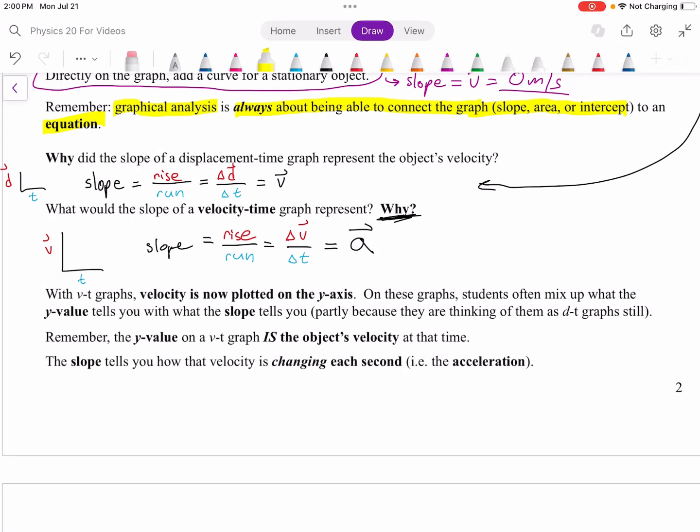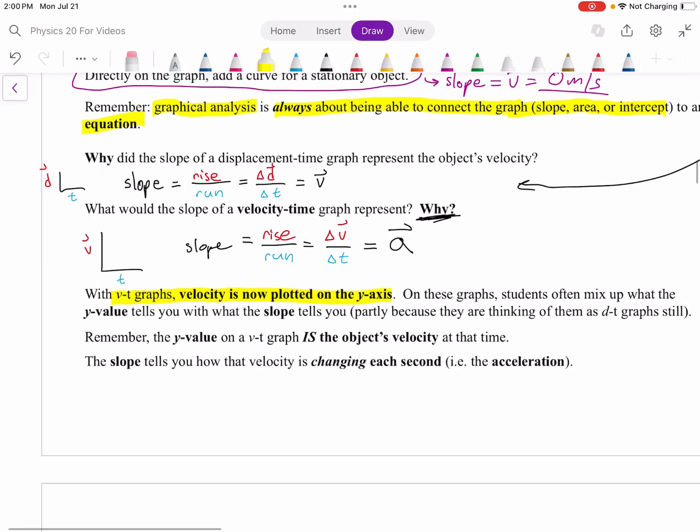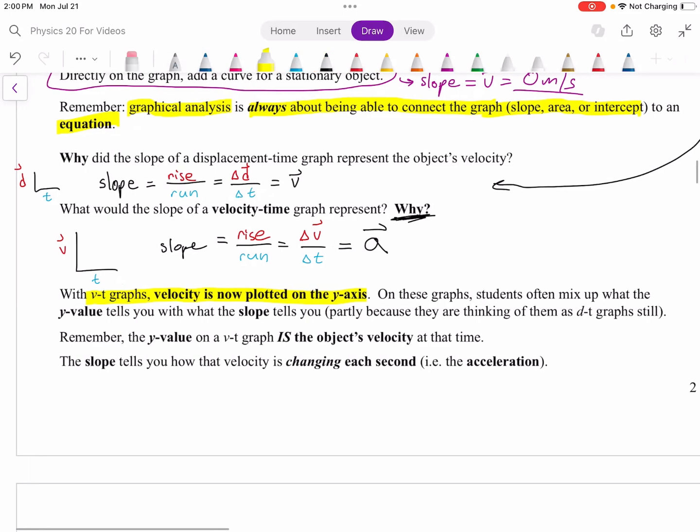Now, super important thing to remember, okay? I mean, in general, always, but with VT graphs, velocity is now what's on our y-axis. We're not looking at DT graphs anymore, okay? I mean, we are going to still look at them, but it's important to always be on your toes. And first things first, recognize what is on your graph, what's on its y-axis, okay?